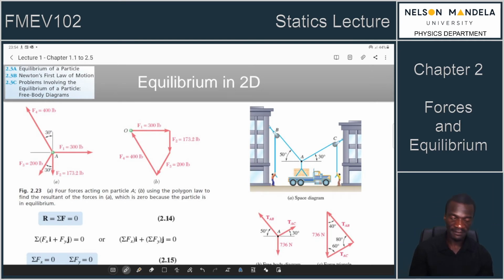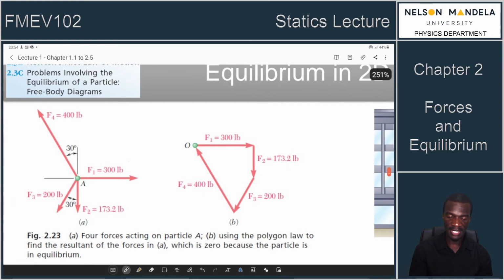For instance, in figure 2.23, the first object in part A has 4 forces acting on it. F1 is acting in the i direction, F2 in the minus j direction, F3 is at an angle in the minus x, plus j direction, F4 is in the minus x, plus j direction, right?